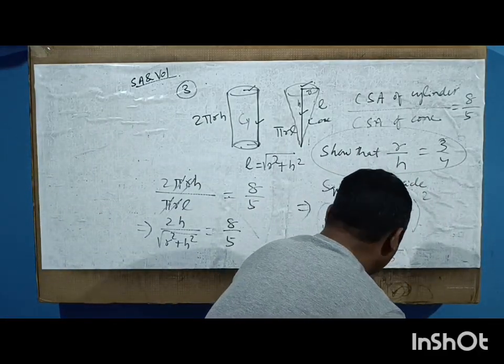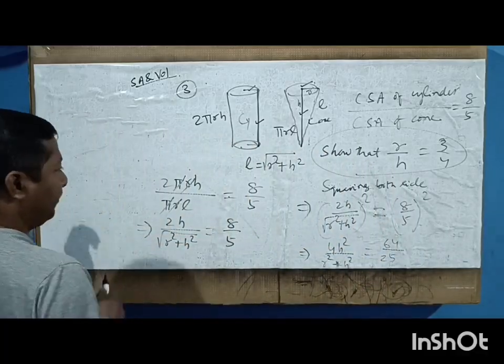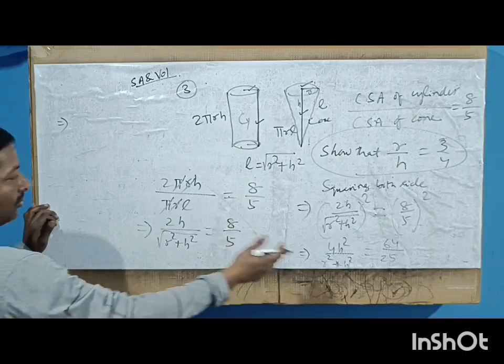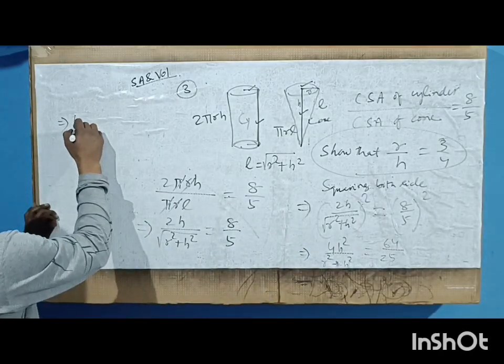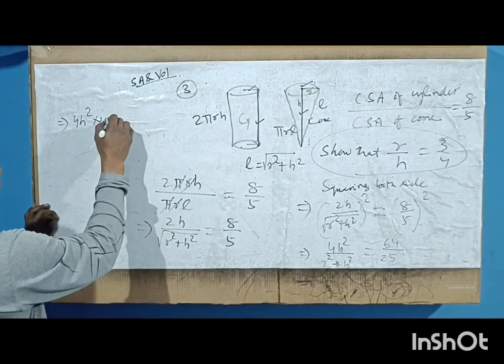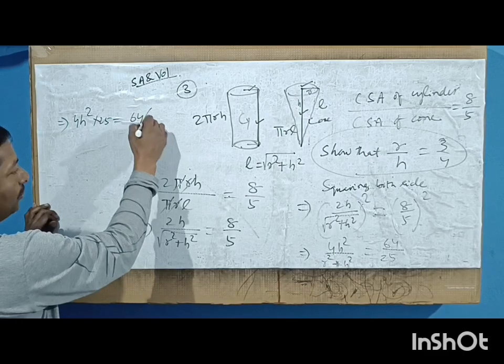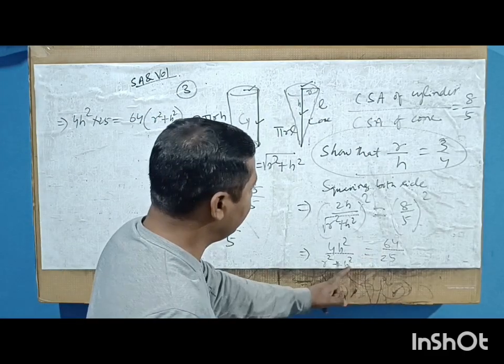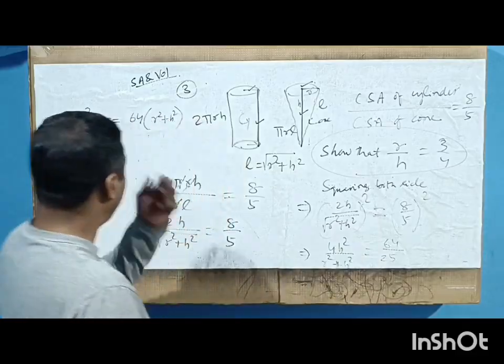Now let's proceed to the next step. Now cross multiply: 4H square into 25 equal to 64 into R square plus H square. 64 multiplied by this one and 4H square multiplied by 25.